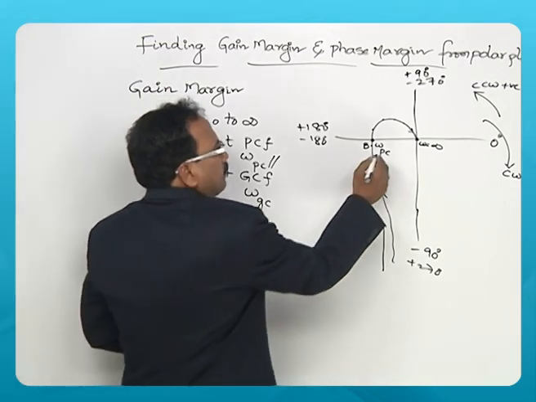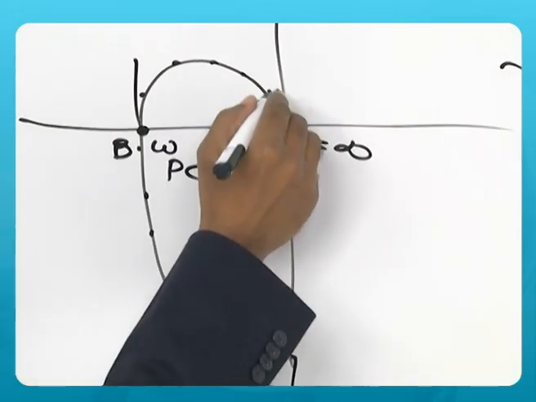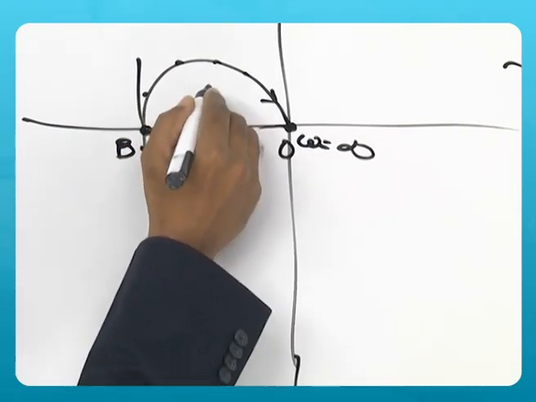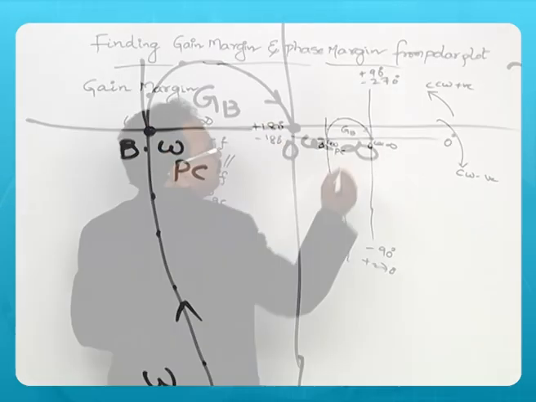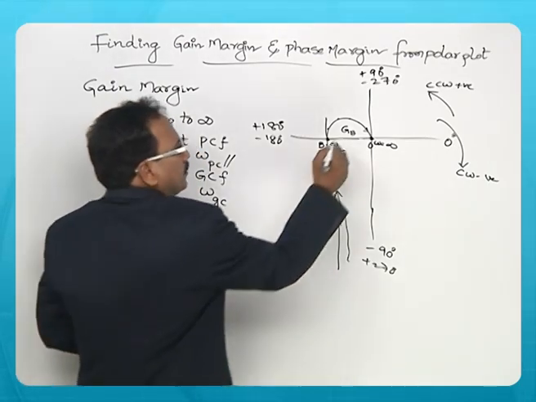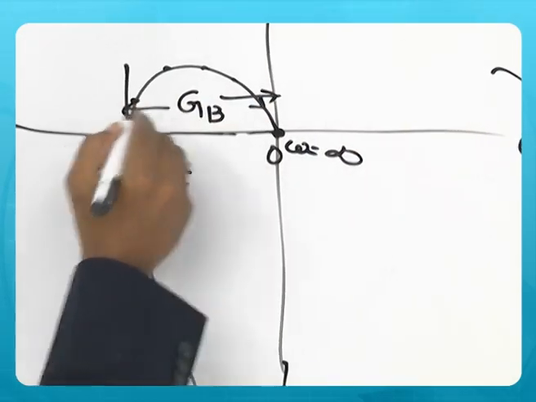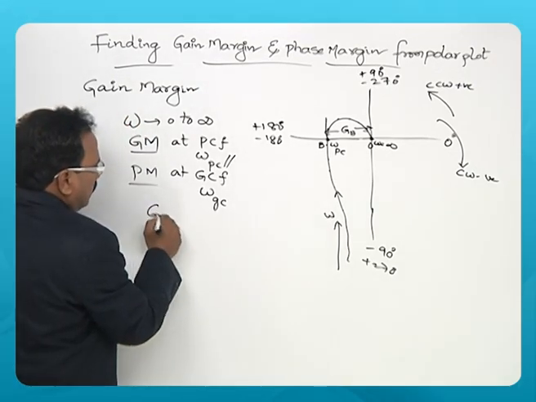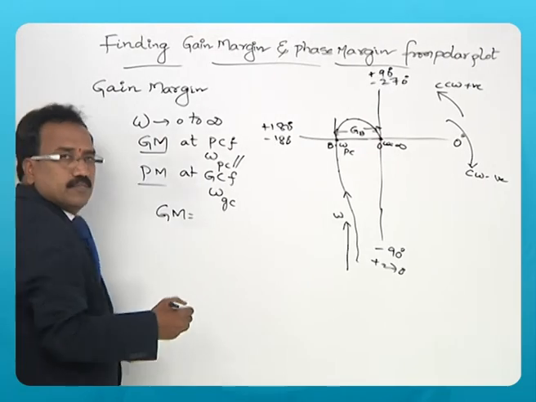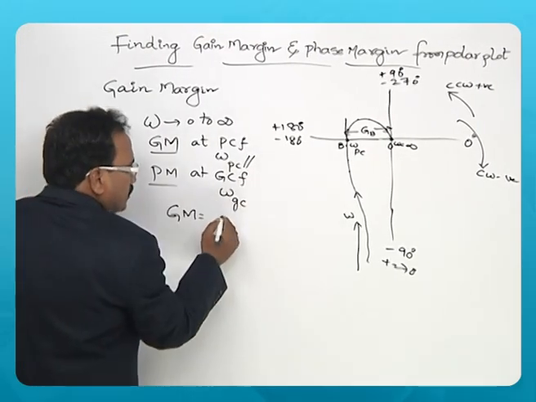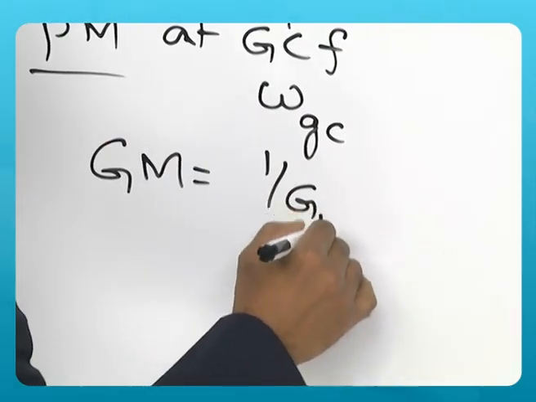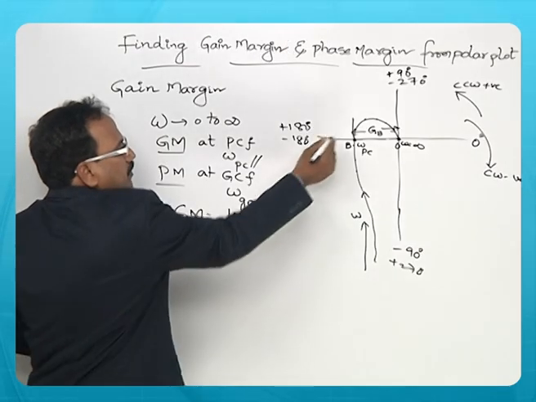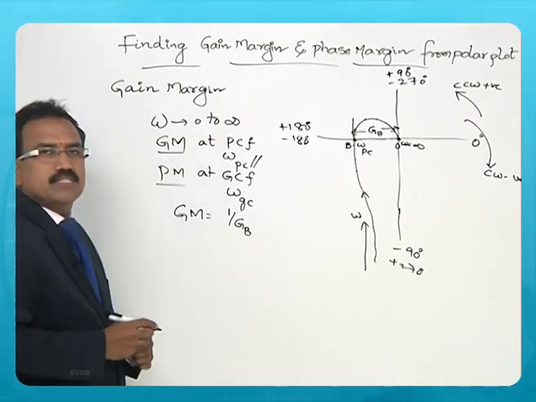Now, at this phase crossover frequency, if you measure the magnitude from this to this, say this is GB, the magnitude at omega Pc. The gain margin is defined as 1 by GB, where GB is the magnitude at phase crossover frequency.